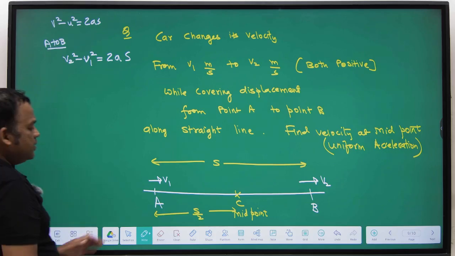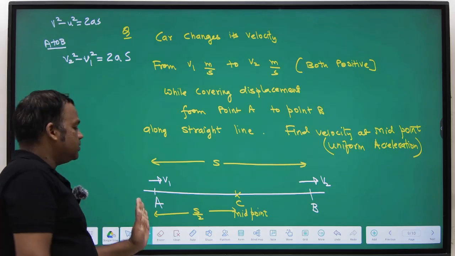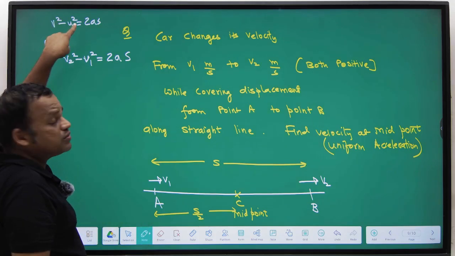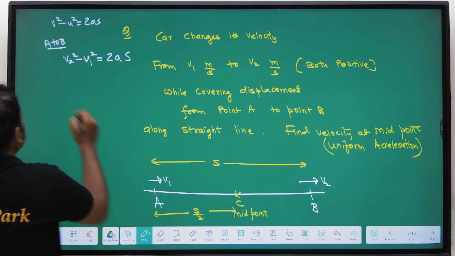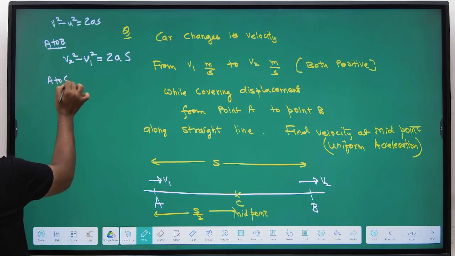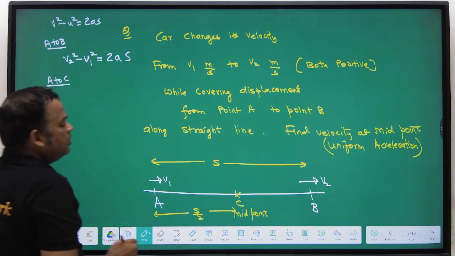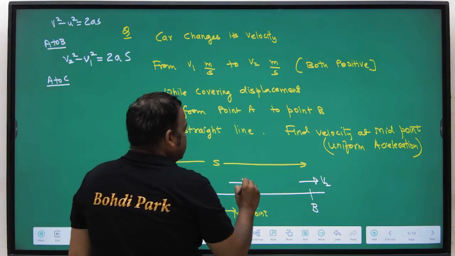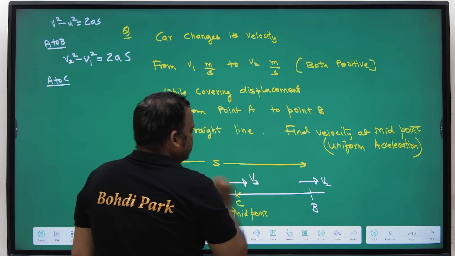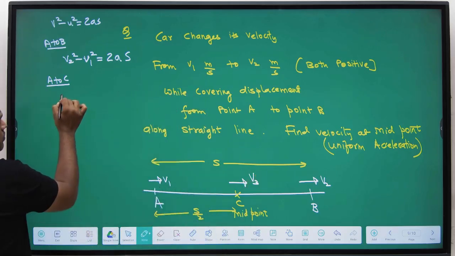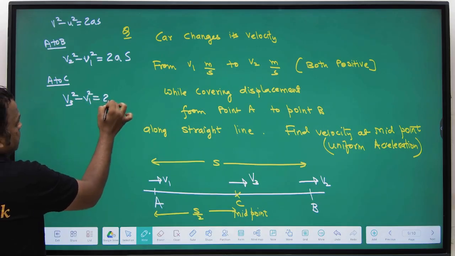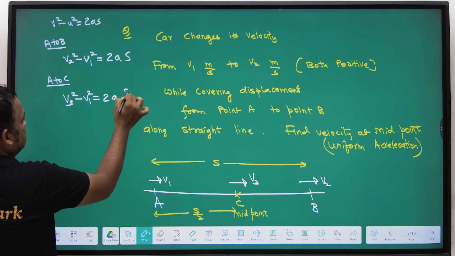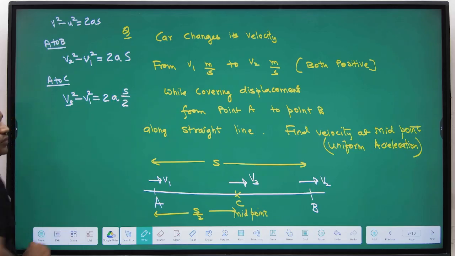Now next time you use the same equation, v square minus u square is equal to 2as for A to C. Now the velocity at C, let us suppose it is v3. So v3 square minus v1 square is equal to 2as by 2.